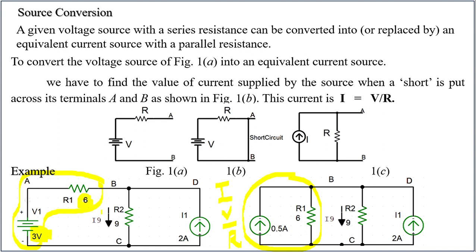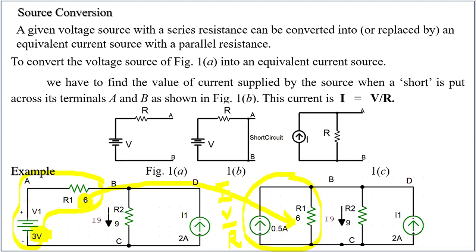So I is equal to V by R, that is 0.5 amperes, and this resistor value is the same resistor value. So using this source conversion technique, you can convert a voltage source in series with a resistor into a current source in parallel with the resistor.